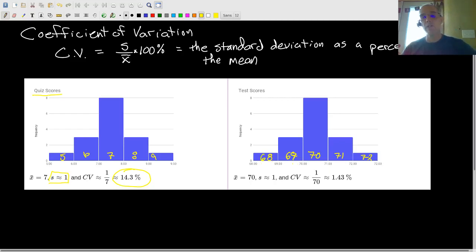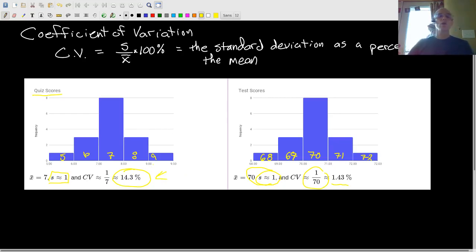But still, the average spread is a 1, right? The standard deviation here, 1 out of 70, is 1.43%. So the spread compared to the center is 1%. The spread compared to the center over here for the quizzes is 14%.